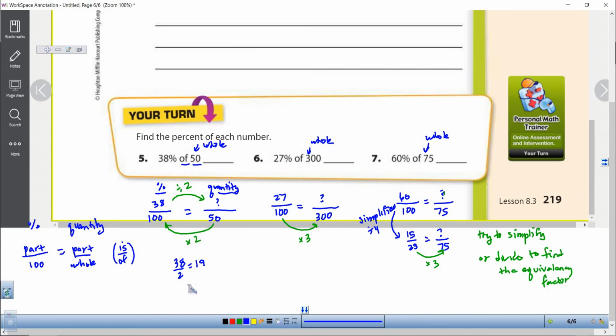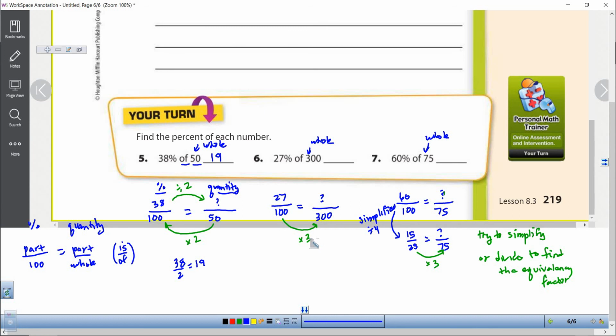So the answer is 19. 38 out of 100 is the same as 19 out of 50, which should make sense, because 19 is half of 38 and 50 is half of 100. If you have 38 out of 100, you would have only 19 out of 50. You cut them both in half.